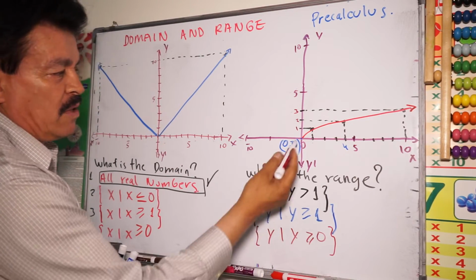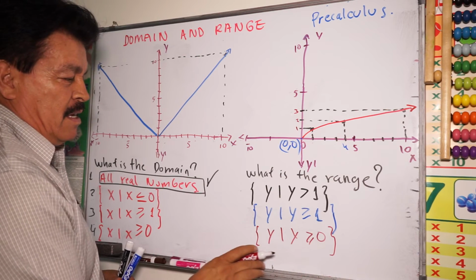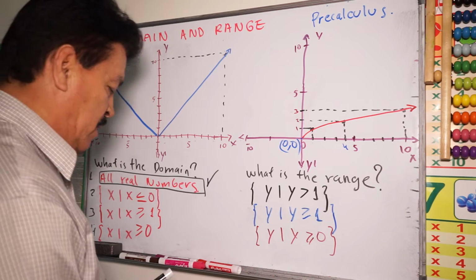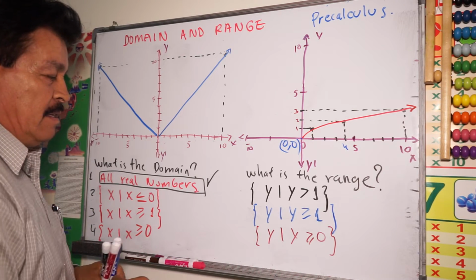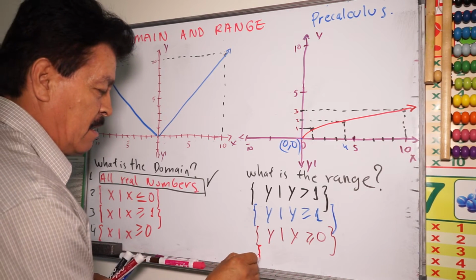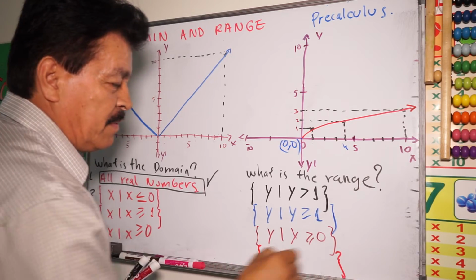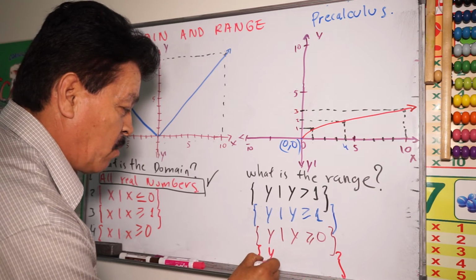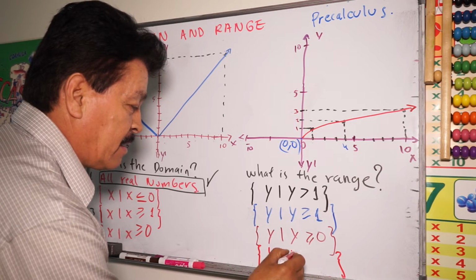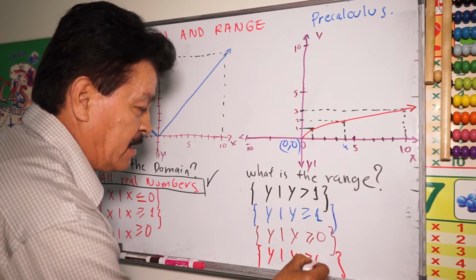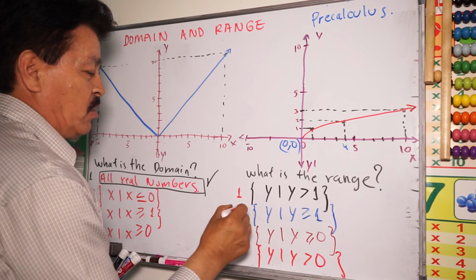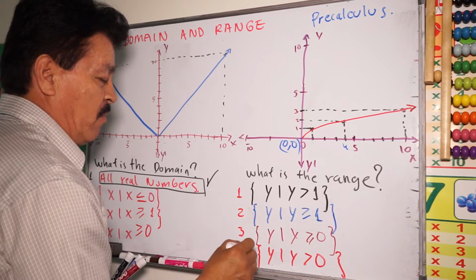That could be another answer. Let me write four possible answers. The last one could be y such that y is greater than 0. What do you think? We have number 1, number 2, number 3, and number 4.